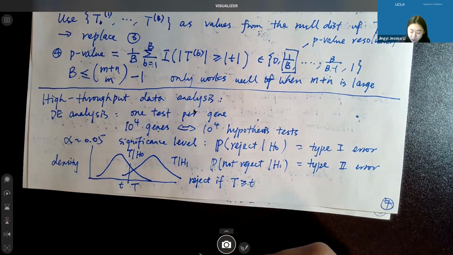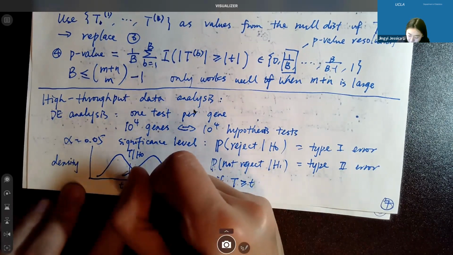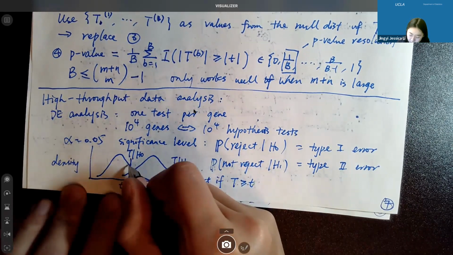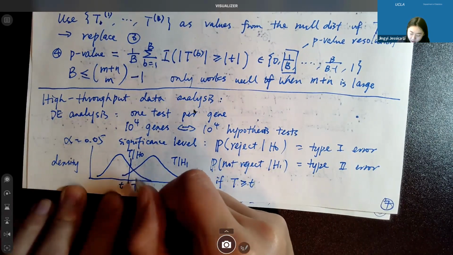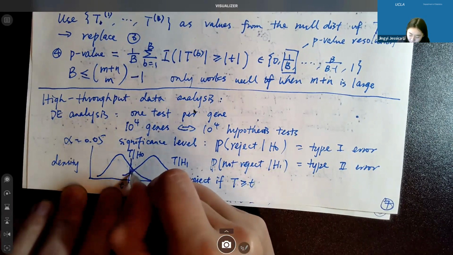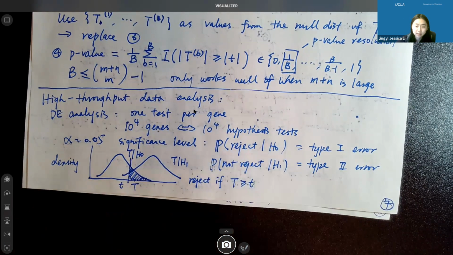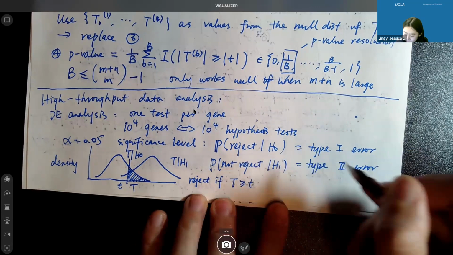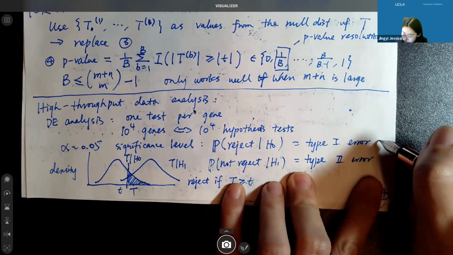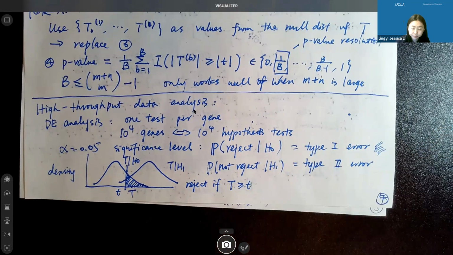But then you can see what's the type 1 error. The type 1 error is actually the area under the left density above this small t. So it will be this thing. That's the type 1 error, right? Because here the test statistic is actually from the null, but because it's greater than t, I reject the null. So then the type 1 error in this case would be this shaded area.